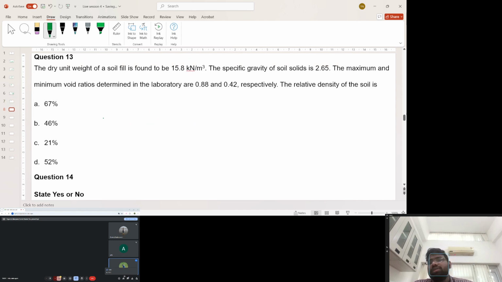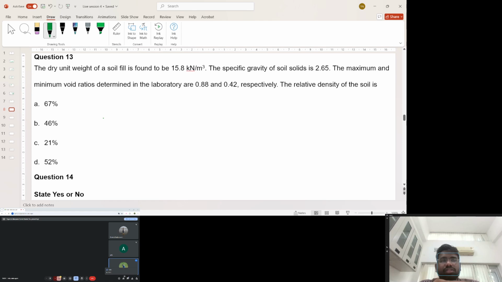The dry unit weight of a soil fill is found to be 15.8 kilonewton per meter cube. The specific gravity of the soil solids is 2.65. The maximum and minimum voids ratios determined in the laboratory are 0.88 and 0.42 respectively.